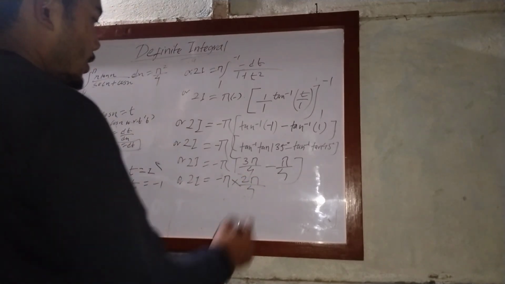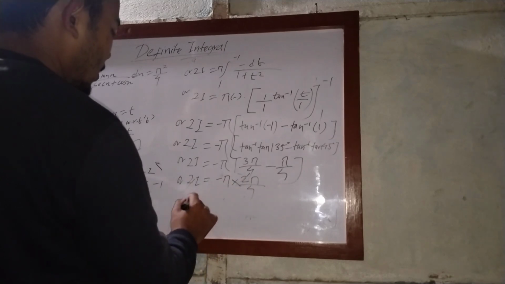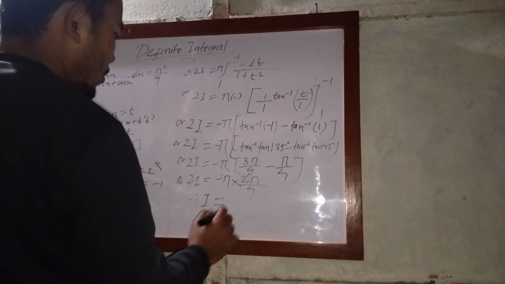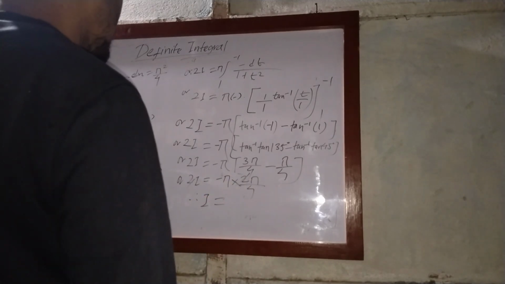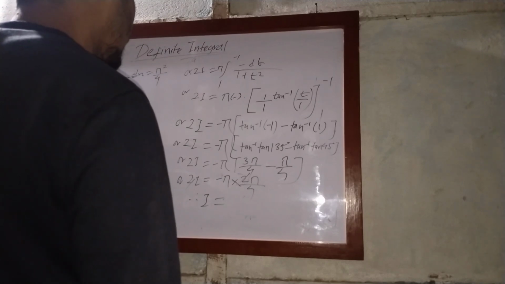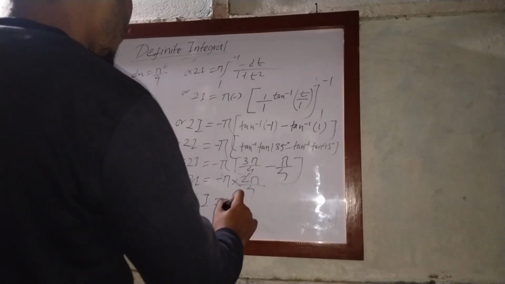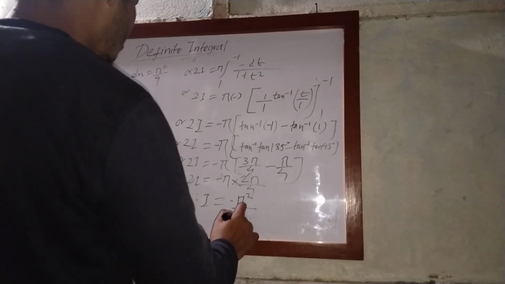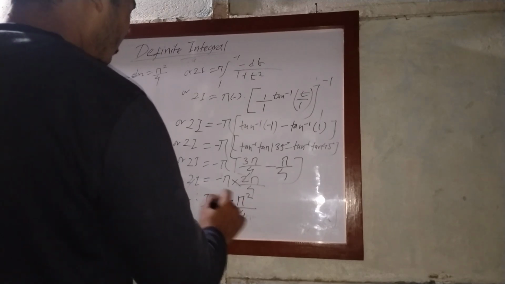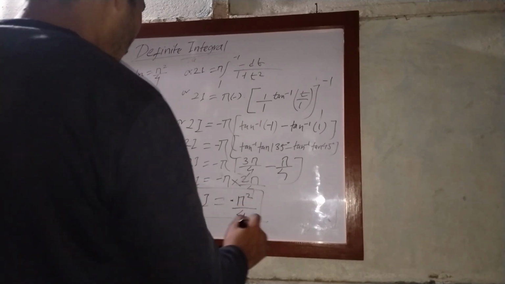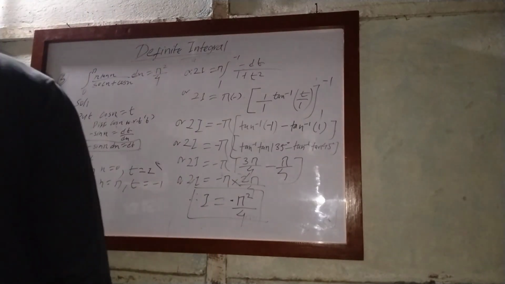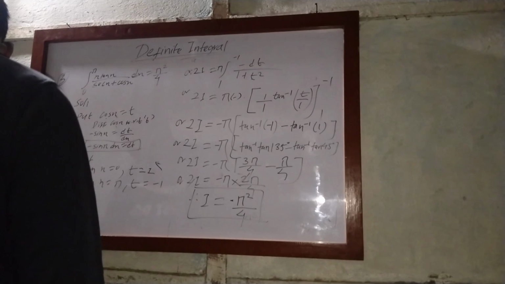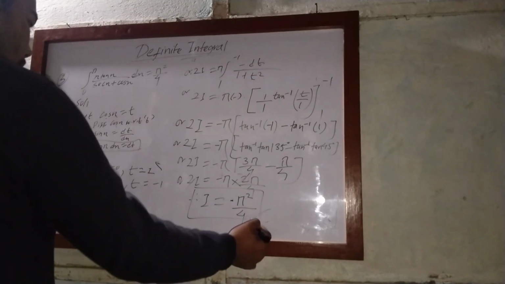This 2 cancels. Therefore, I is equal to minus pi square by 4. And this is the correct answer.